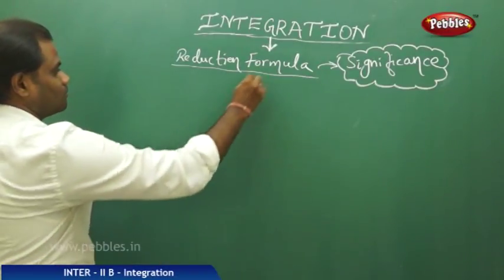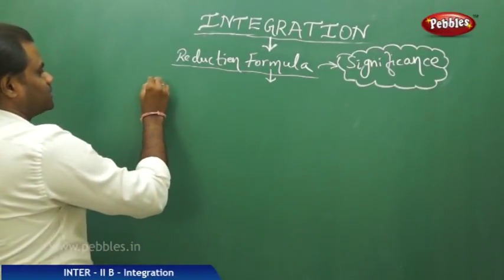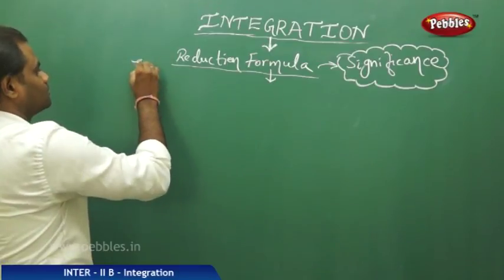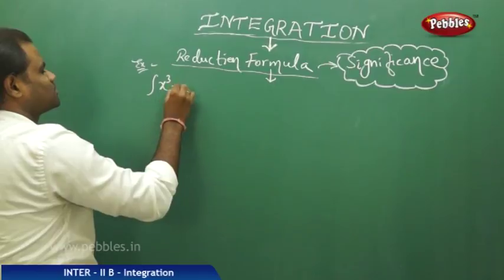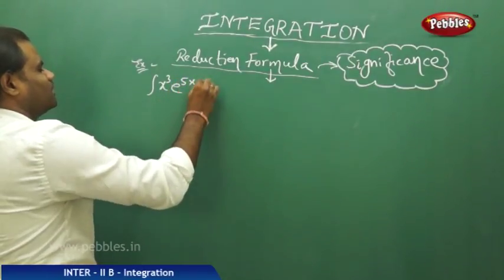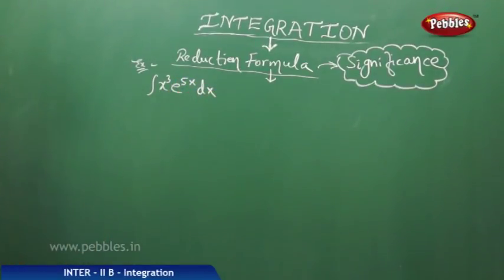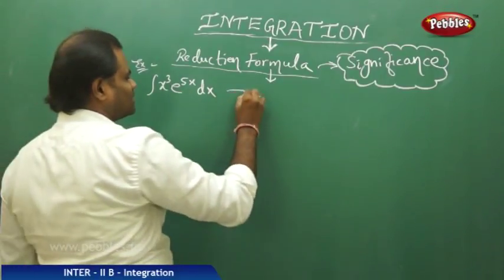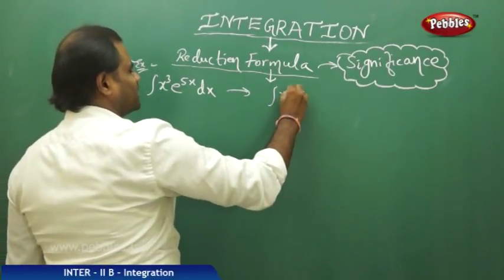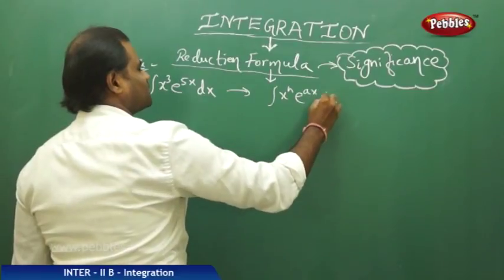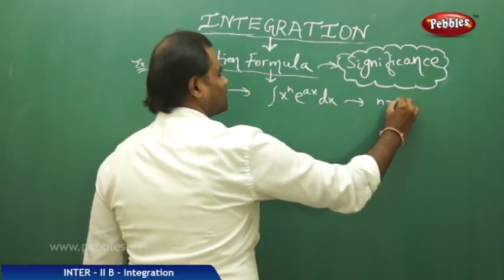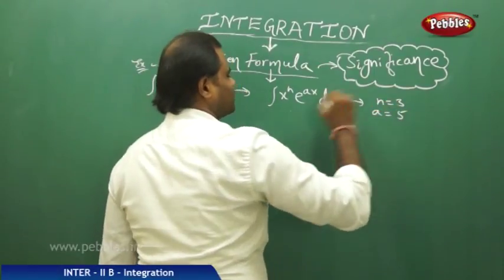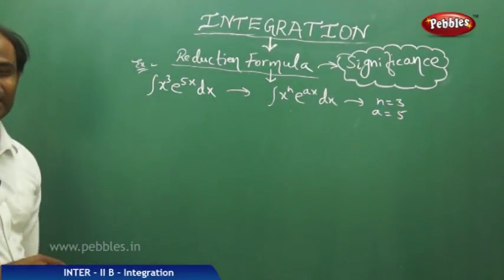Say for example, I wanted to evaluate integral of x cube e power 5x dx, then clearly I see that this, when compared with x power n e power ax dx, my n is 3 and my a is 5, is how I get it.